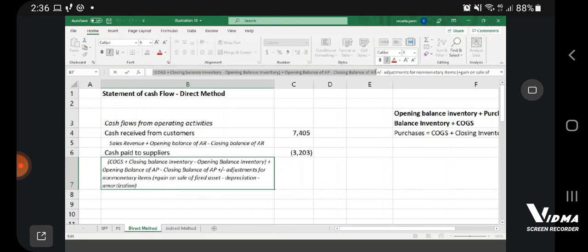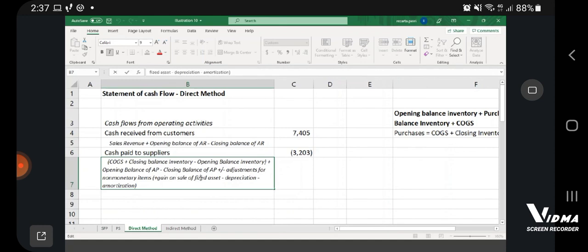But keep in mind that sometimes this item, cost of sales, includes some non-monetary items that should be taken into account right now. They are non-monetary, that is, they do not impact the cash balance, and I have to adjust for this amount.